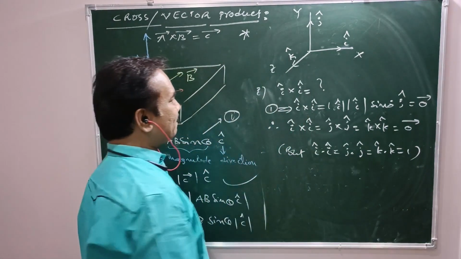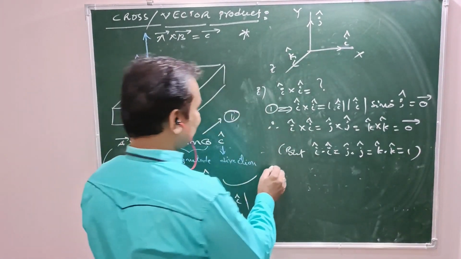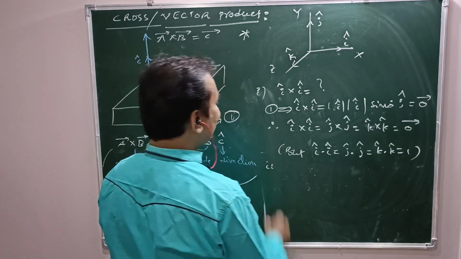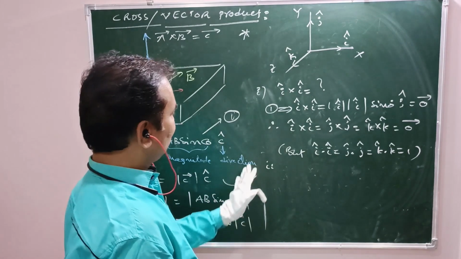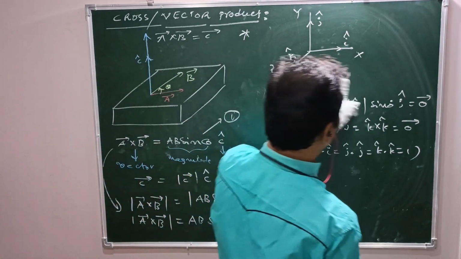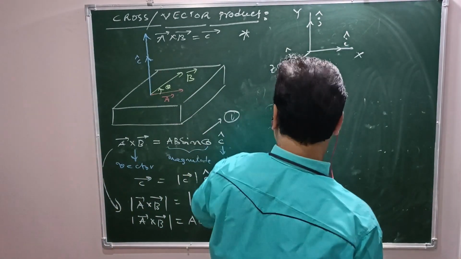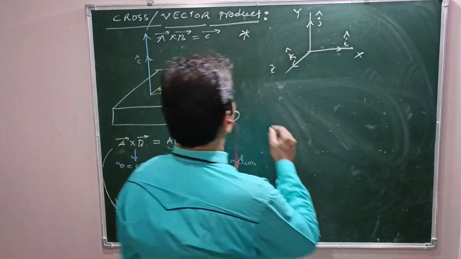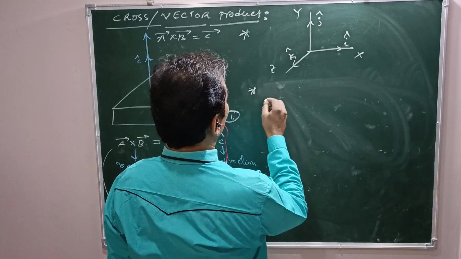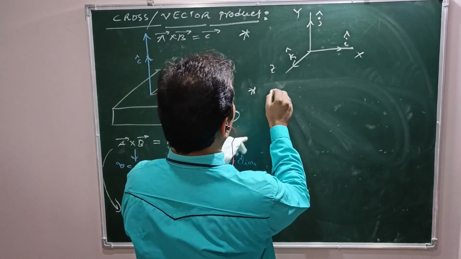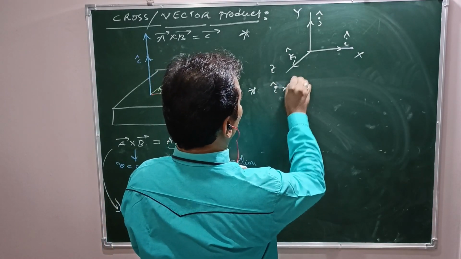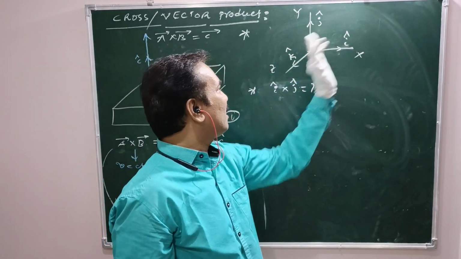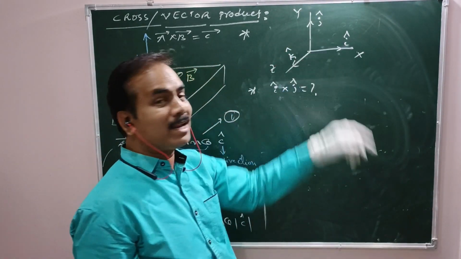Now let us see I cross J, number 2. I cross J. See, I cap is somewhere here, J cap is somewhere here. Both are perpendicular to each other.